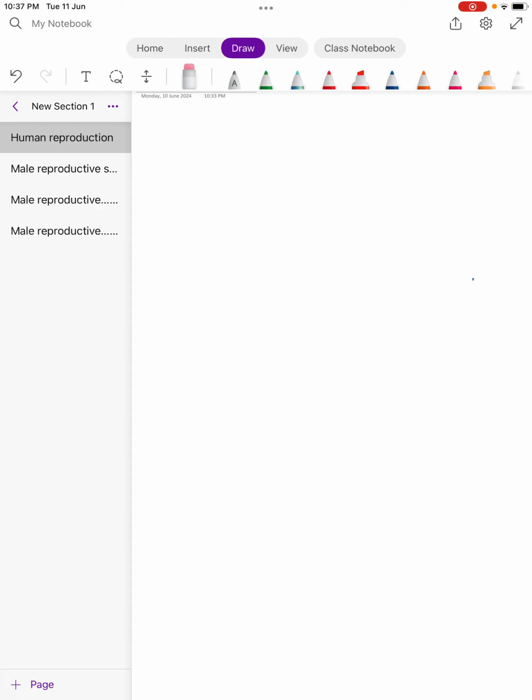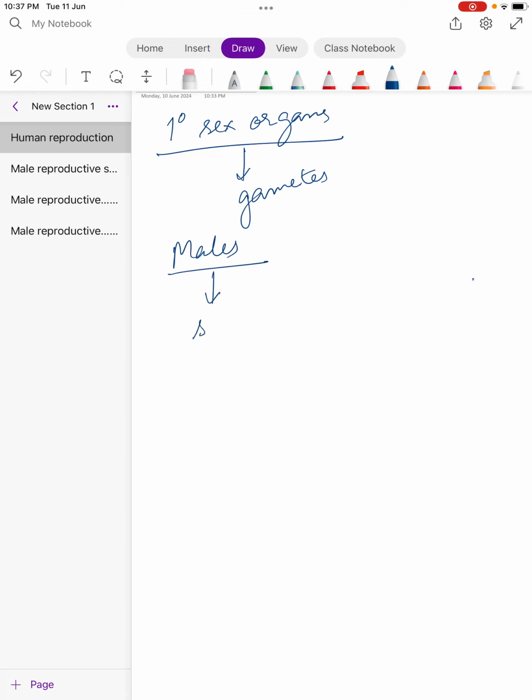So first of all, we will discuss the primary sex organs and secondary sex organs. Primary sex organs are the organs which produce the gametes. In males, the gametes are sperms, whereas in females the gametes are eggs or ovum.